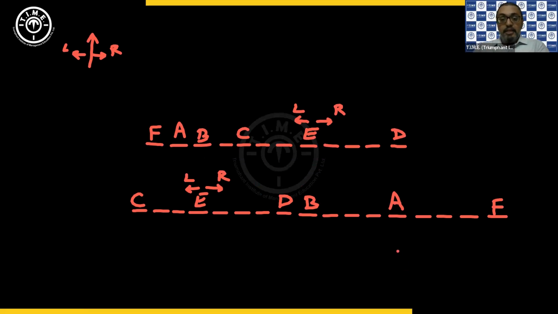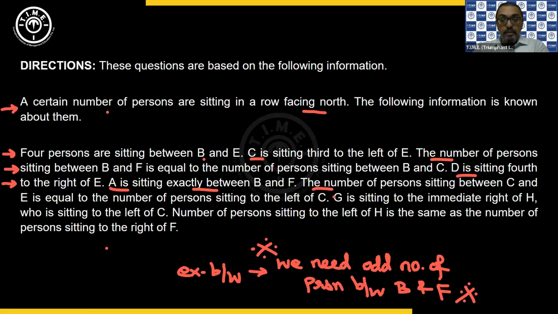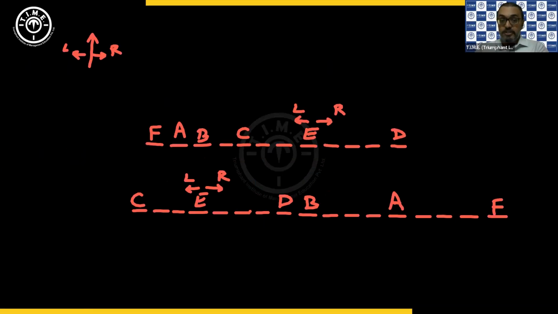Then the number of persons sitting between C and E is equal to number of persons sitting to the left of C. So the number between C and E should be same as the number sitting to the left of C. Now here between C and E, as you can see, there are 2 persons.